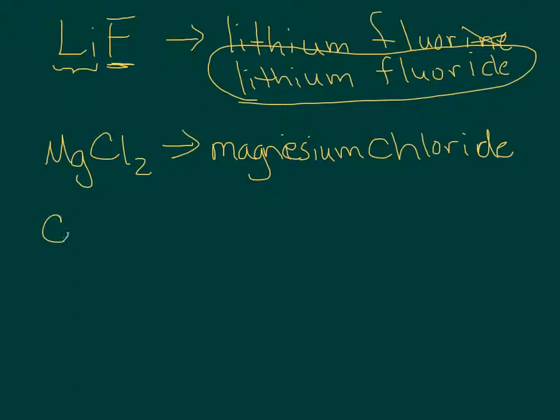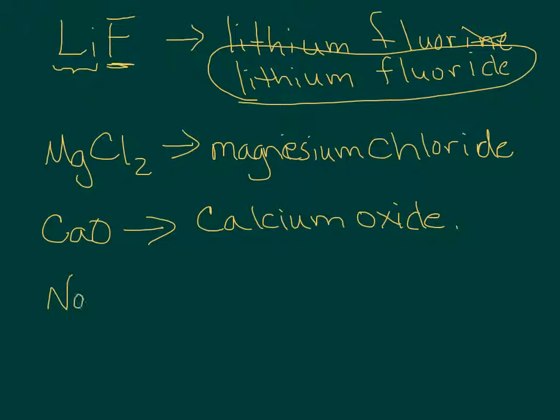This is another ionic compound. It is going to be calcium, because Ca is calcium. Oxygen turns into oxide. Calcium oxide. We name the first element first, that's sodium.